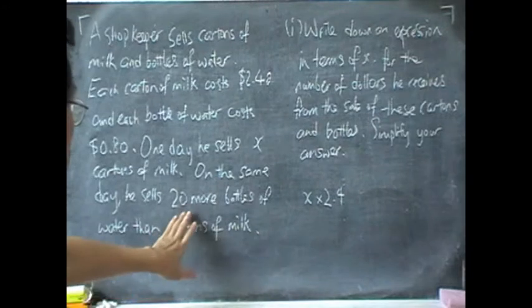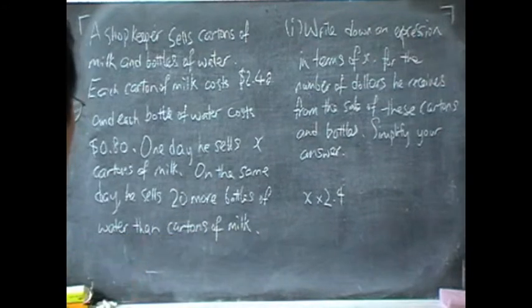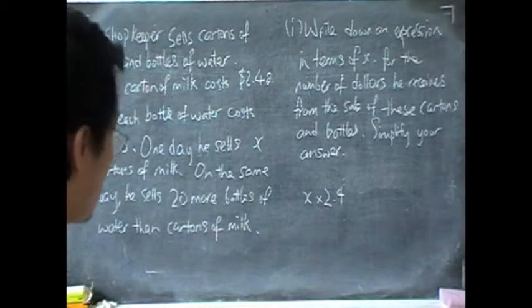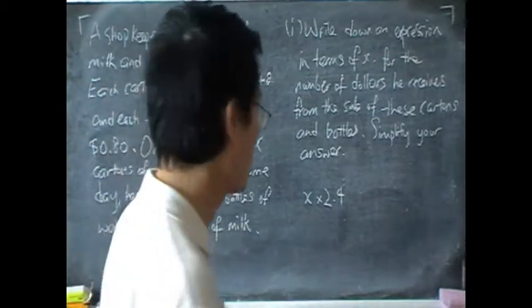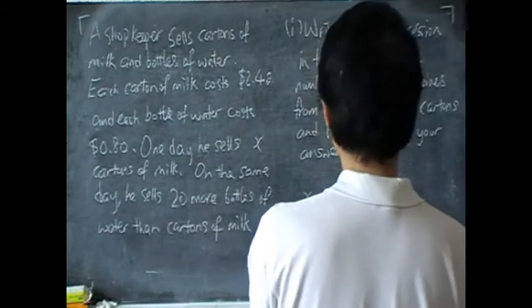He sells 20 more bottles of water than cartons of milk. So that means that he sells X plus 20 bottles of water.